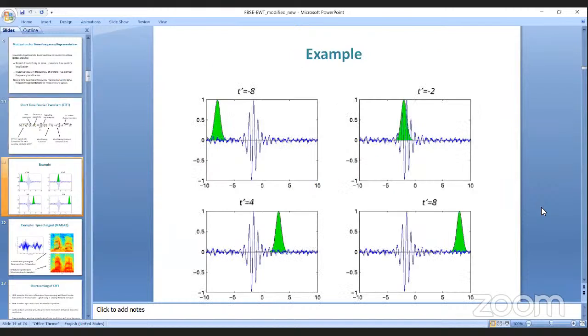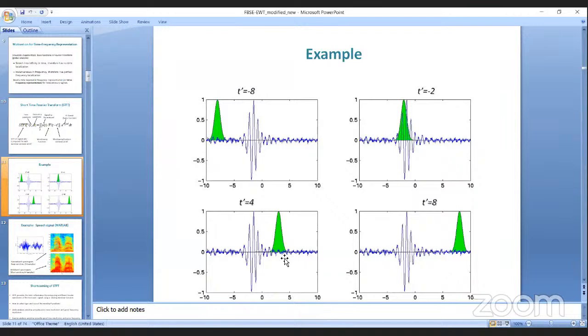Here is an example with different values of t dash. With t dash equal to -8, the window covers the initial part of the signal and the other parts are 0. When you apply the Fourier transform, this part is transformed and you get the frequency components corresponding to this part only. When you shift t dash from -8 to -2, you get the frequency components from the middle part of the signal.